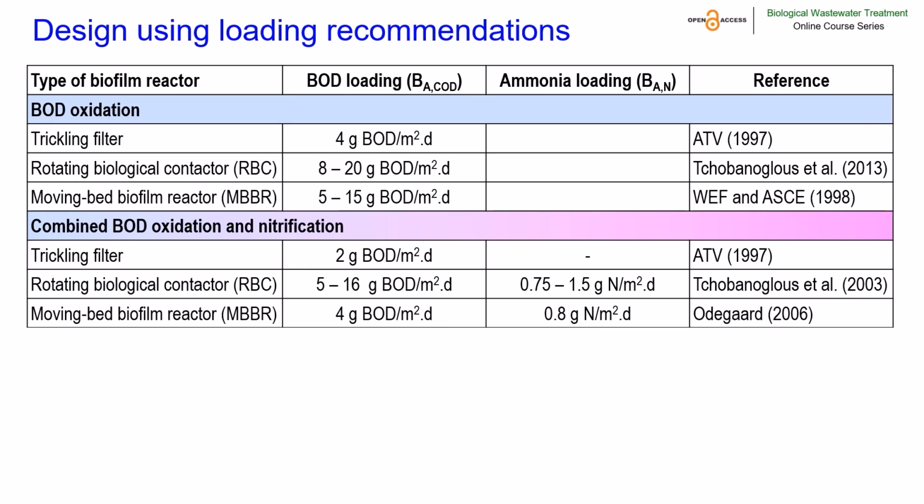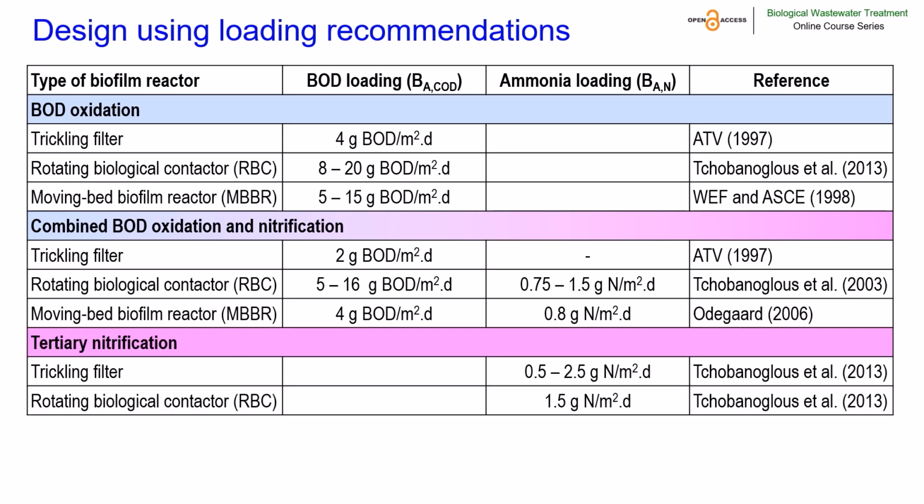If we now move from BOD oxidation to combined BOD oxidation and nitrification, we can see that we need to consider both BOD and ammonia surface loading rates. And finally, there are surface loading rates for tertiary nitrification, where BOD oxidation has limited influence on nitrification.